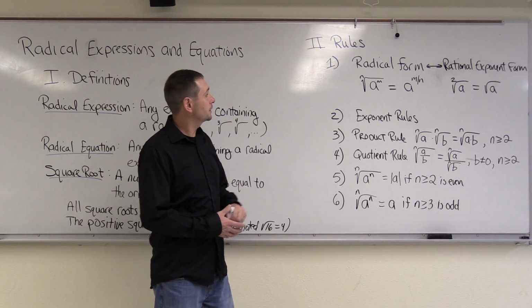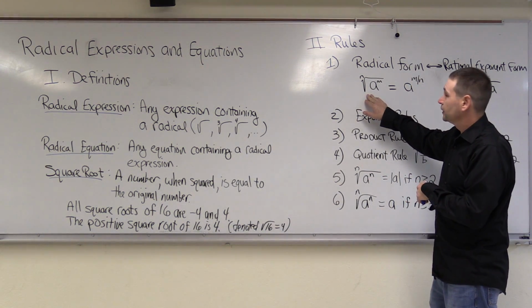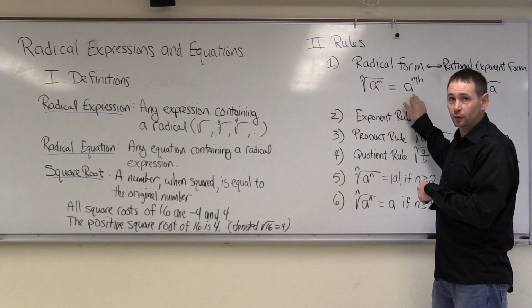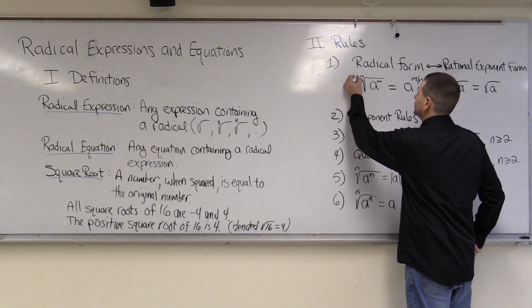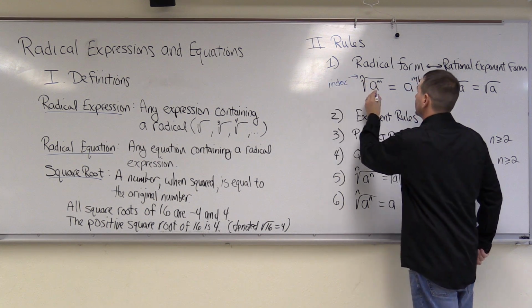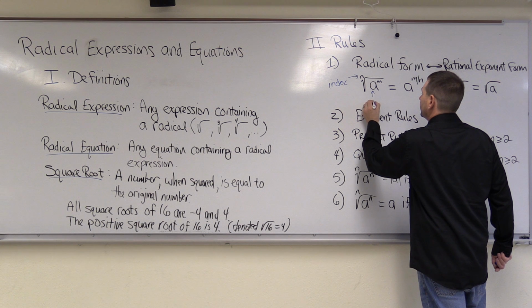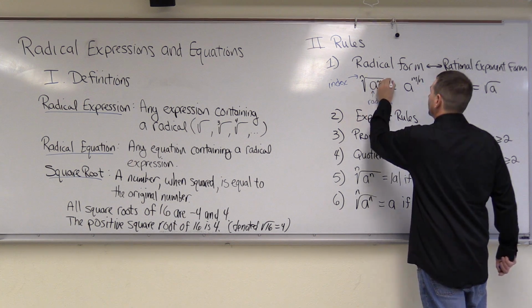So basically, when I have something in radical form, I can translate back and forth to help me solve something. This is the index. This right here we call the radicand. This right here we call the power.